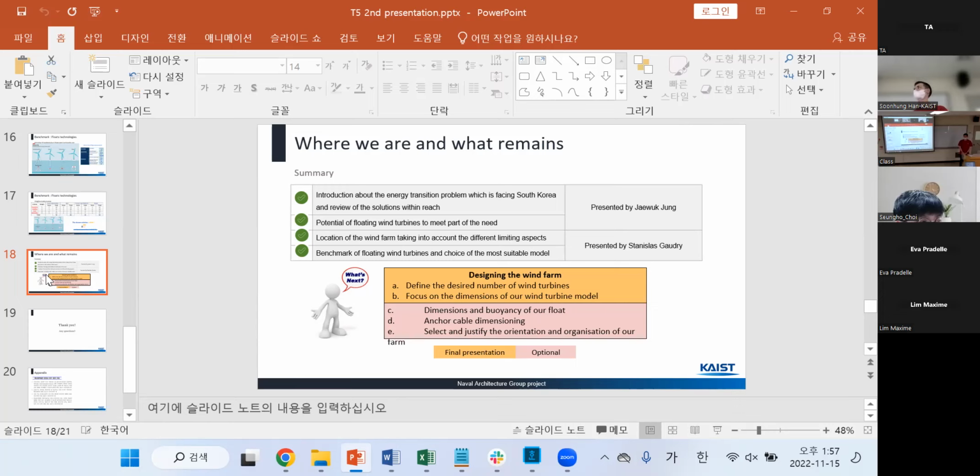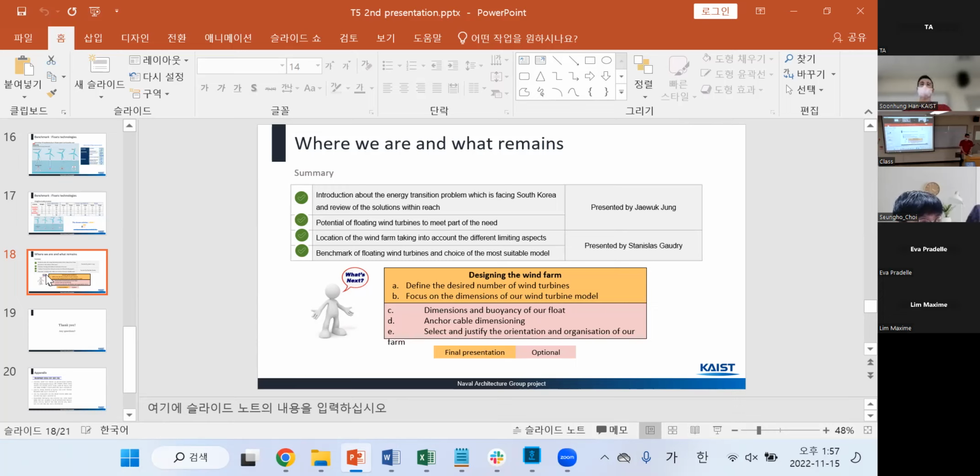That is one comment. The other one is, as the TA suggested, you already said that you want to provide power to a city of 300,000 population, right? But you need to calculate what is the power requirement of that population.